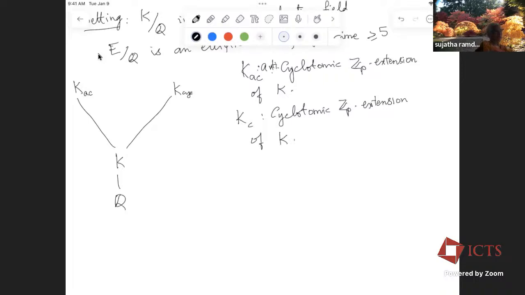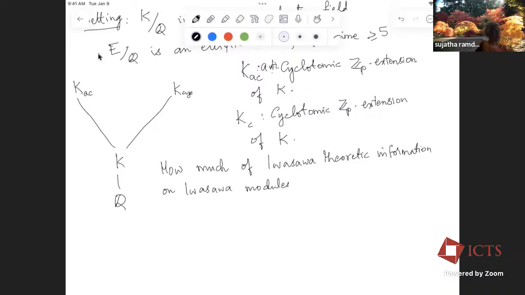So the type of questions we have in mind is how much of Iwasawa theoretic information on Iwasawa modules associated to elliptic curves is preserved mod P, is carried over for the mod P representation. Typically we'll always work with the dual Selmer group, and the dual fine Selmer group.